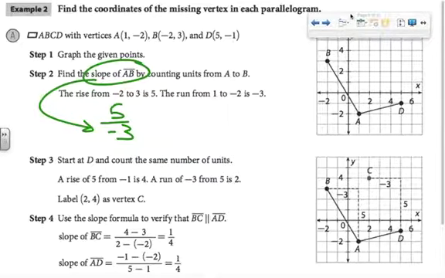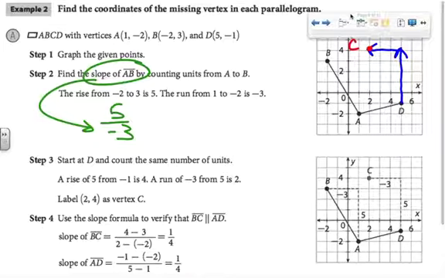So I'm going to count the same kind of rise and run from D. So from D, I'm going to rise 5 and run -3. And that point, 2, 4, I label it as point C.